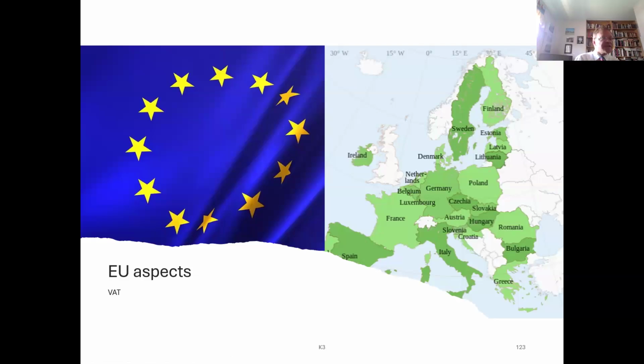Let's look at the EU aspects. As I indicated, the EU is all the countries in green, and then you would add to that the countries of the European Economic Area: Iceland, Norway, and Liechtenstein.